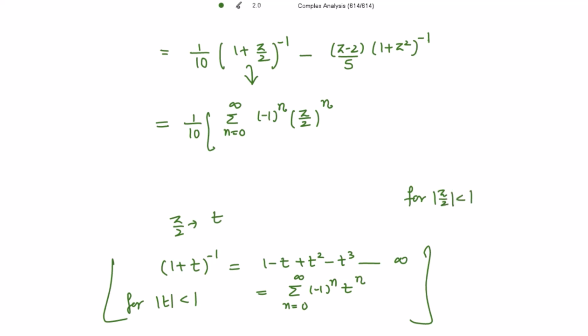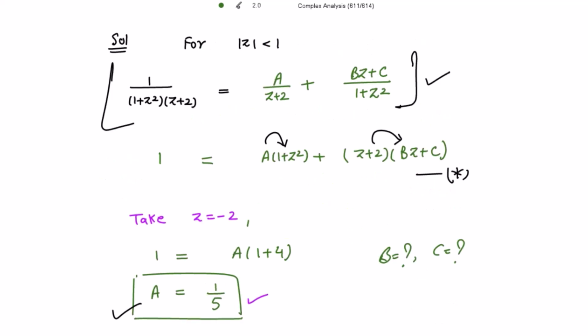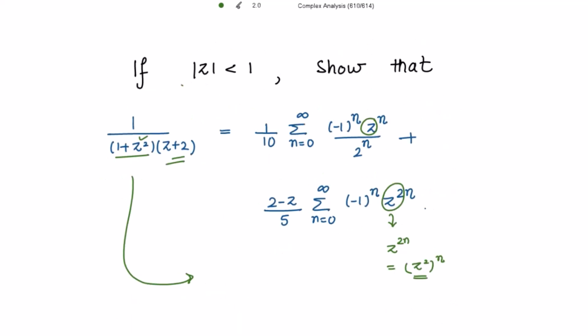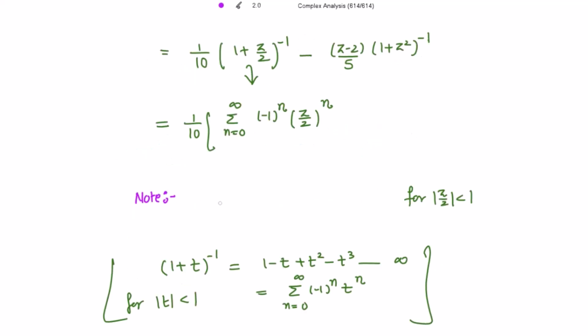What is given to us? It is given to us that mod z is strictly less than 1. So from here please note that if mod of z is strictly less than 1, then it is also strictly less than 2.